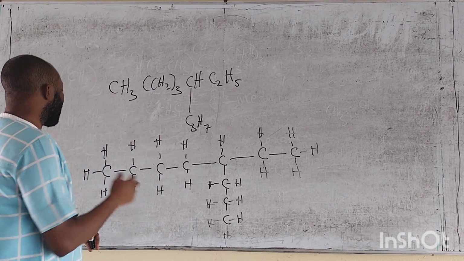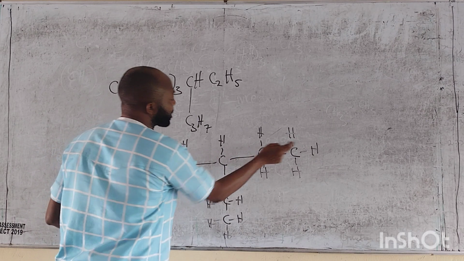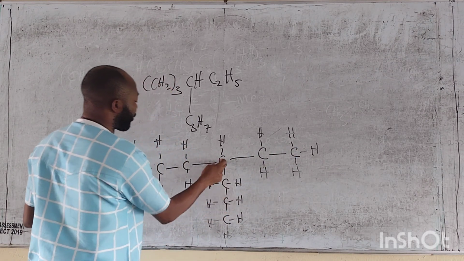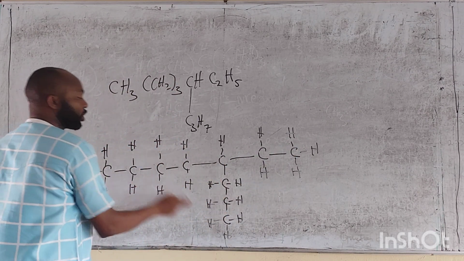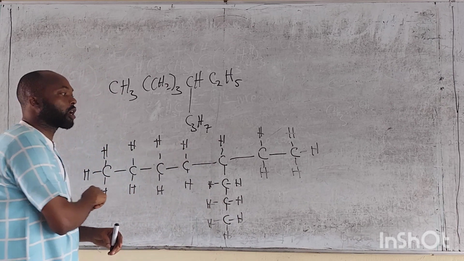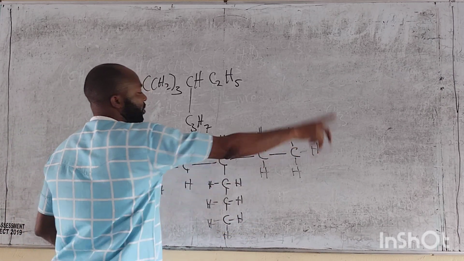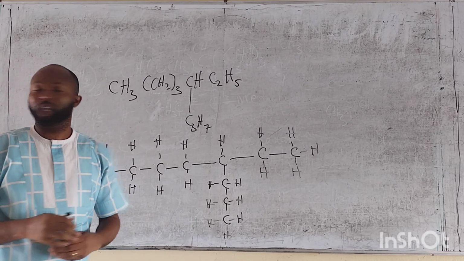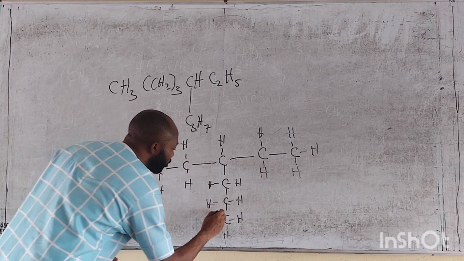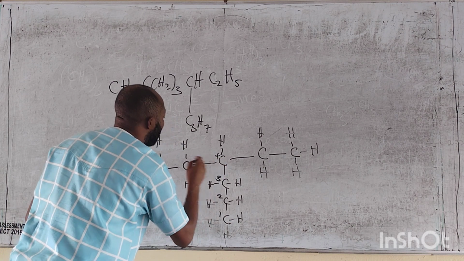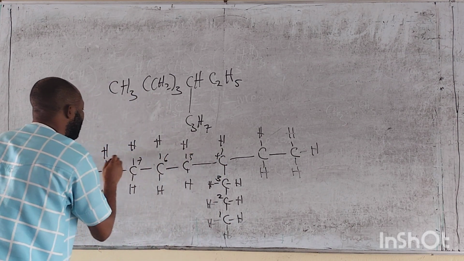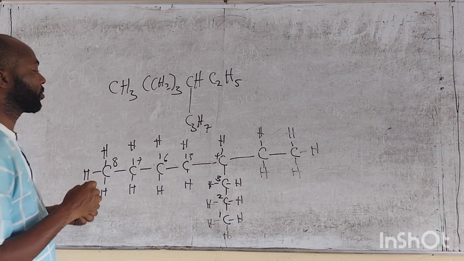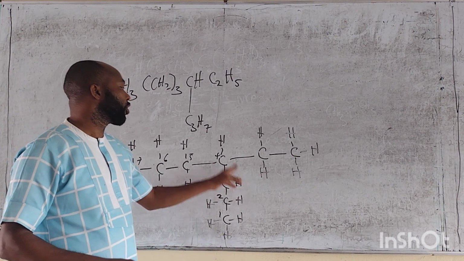So if I want to name the longest, 1, 2, 3, 4, 5, 6, 7. 1, 2, 3, 4, 5, 6, 7, 8. So this becomes my longest. A lot of the students may likely go this way because it is horizontal. And by that, you will not get it right. So if this is true, 1, 2, 3, 4, 5, 6, 7, 8.